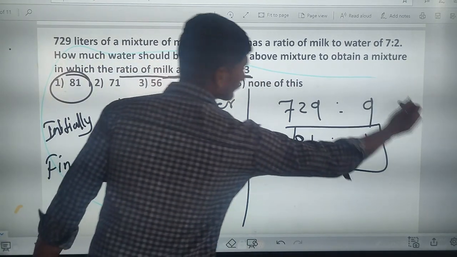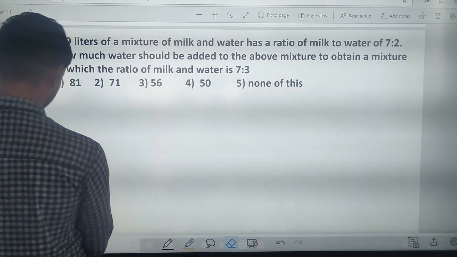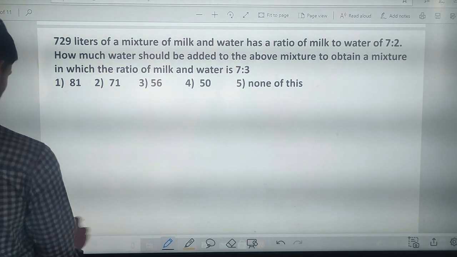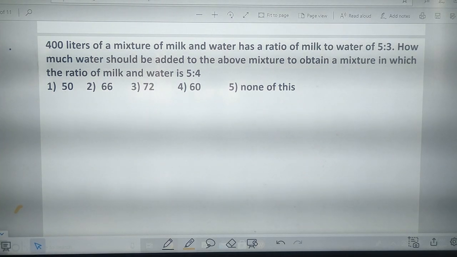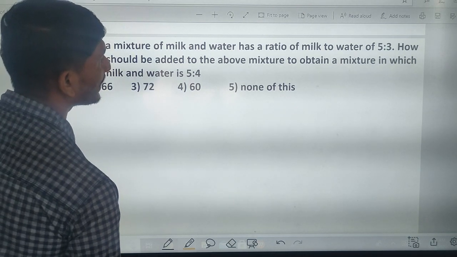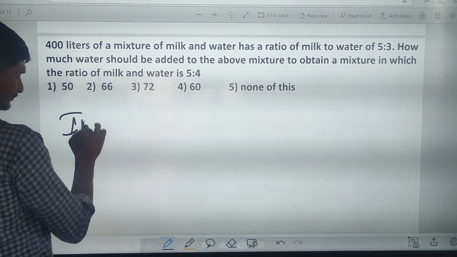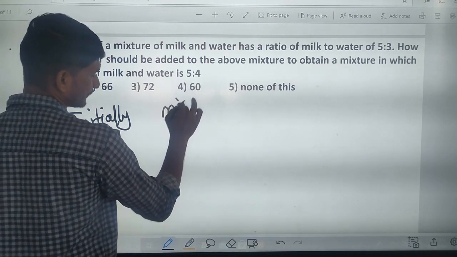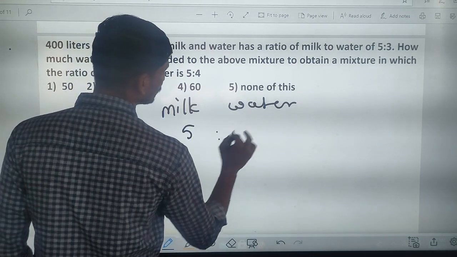Next. 400 liters of a mixture of milk and water has the ratio of milk and water 5:3. First, initially, milk and water in the ratio 5:3.